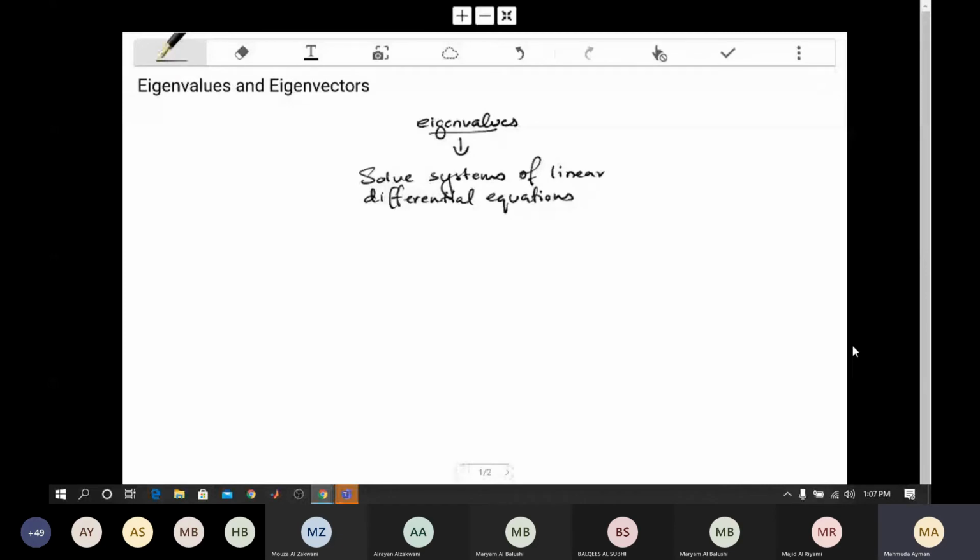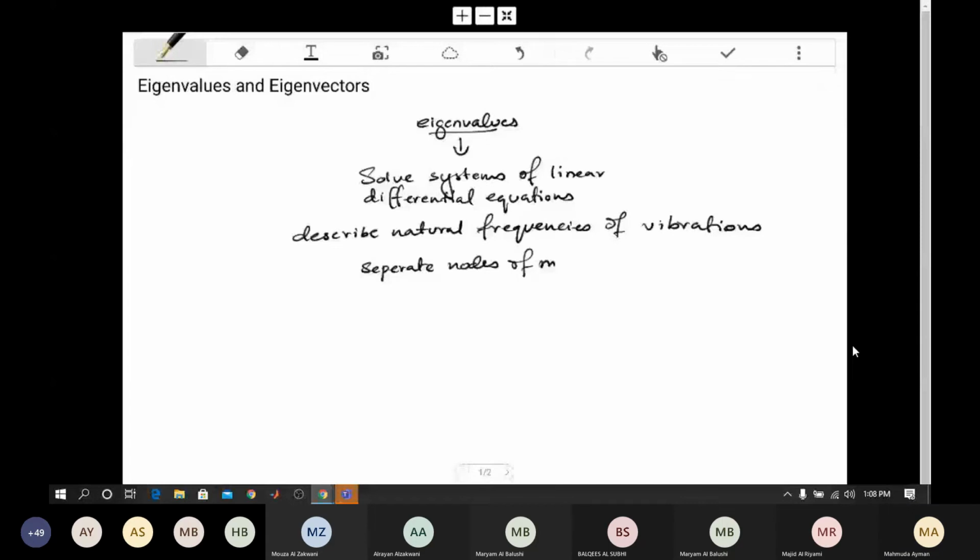Also, it is used to describe natural frequencies of vibrations, and then it's also used to separate modes of motion and distinguish states of energy.